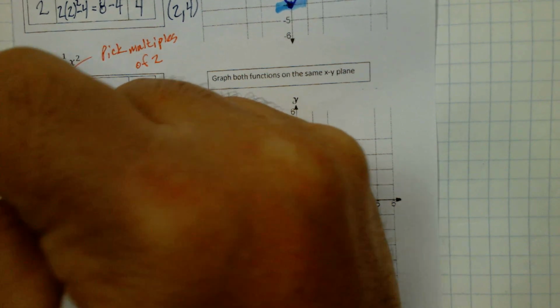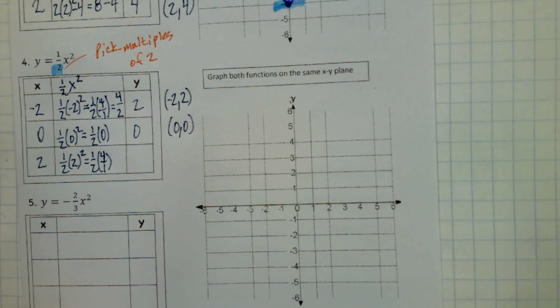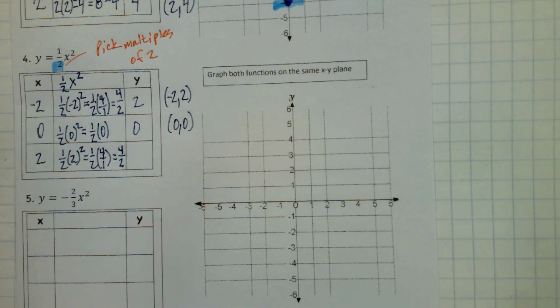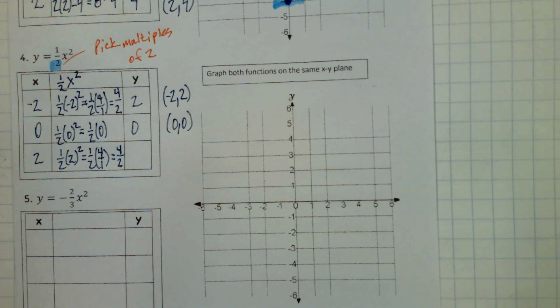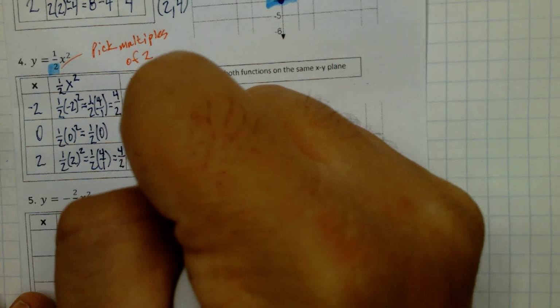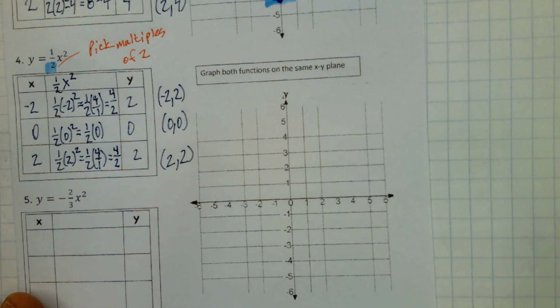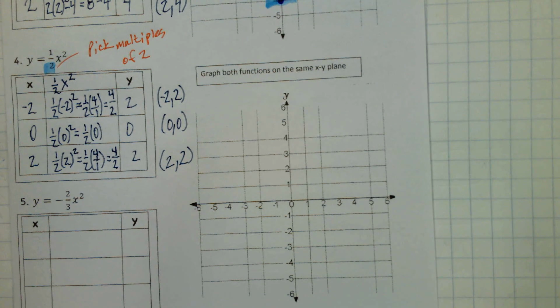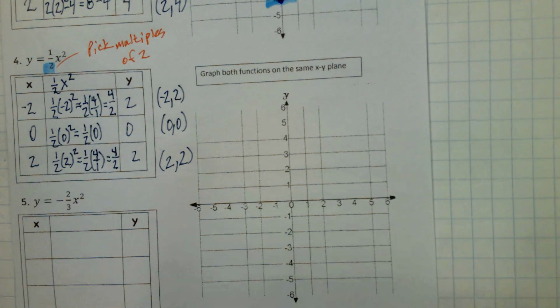Well, that's 1/2 times 4. But think of it as 4 over 1. Right? And then if I multiply across, what do I get? 1 times 4 goes there. 2 times 1 goes here. If we simplify that, we get 2, 2. Okay. And this is the one that opens up.